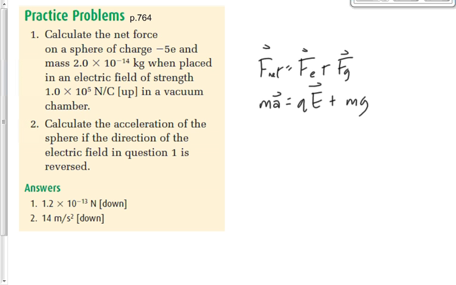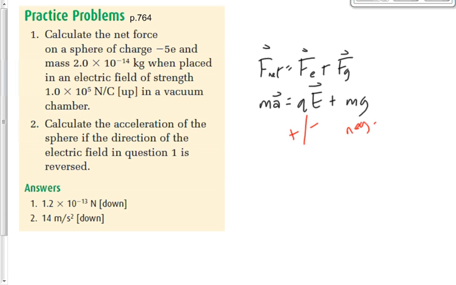And now's when we really got to pay attention to directions. Fg will always be negative. This will be positive or negative depending upon whether it's up or down, and the picture will help you with that. And then again, acceleration will be positive or negative, depending upon which way it's accelerating, up or down.